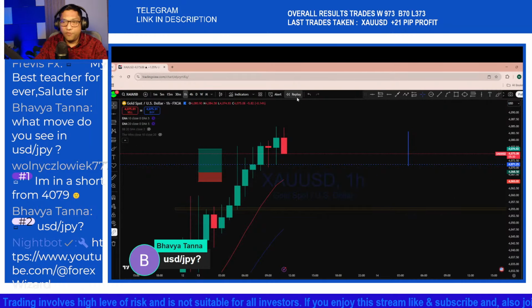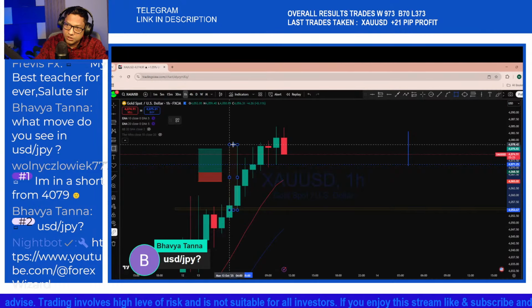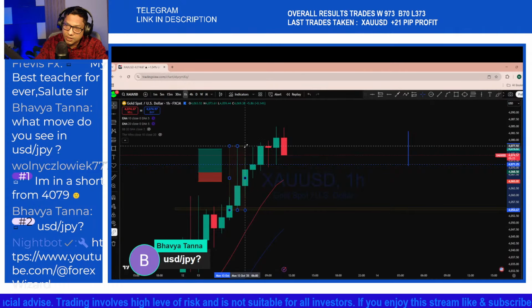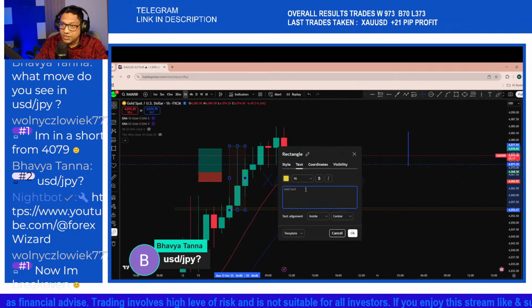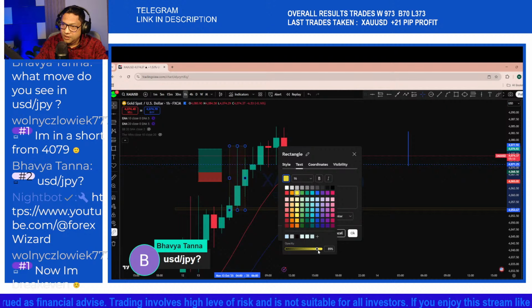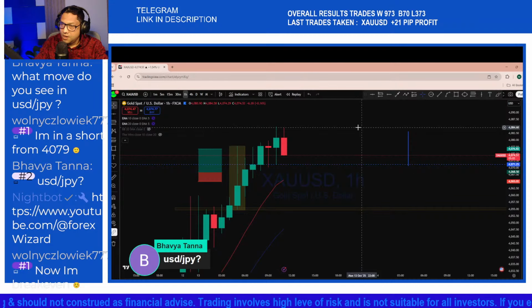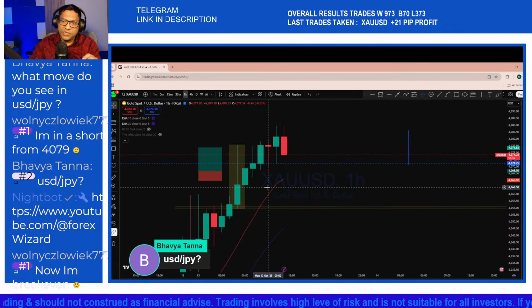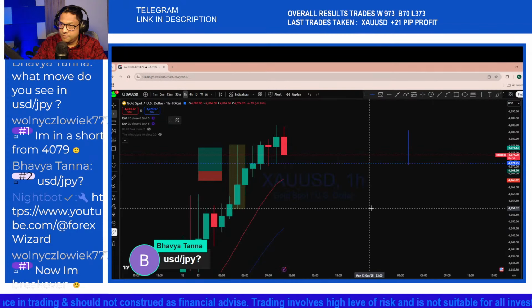This candle from the 1 hour that I am going to identify here is another important entry level that we can look at. This is a specifically important candlestick pattern that you can see in this market.